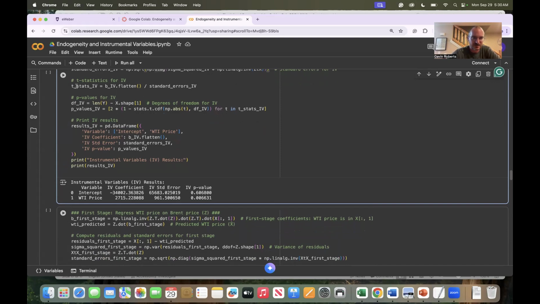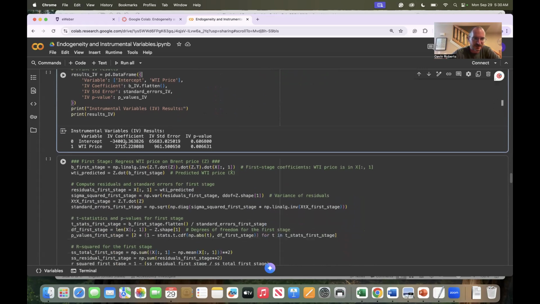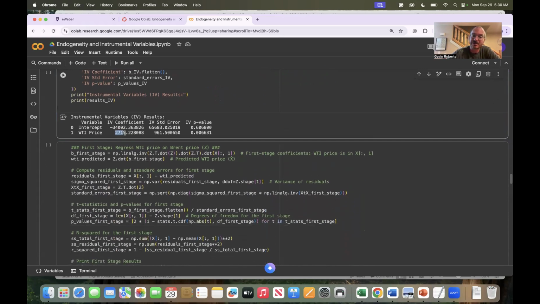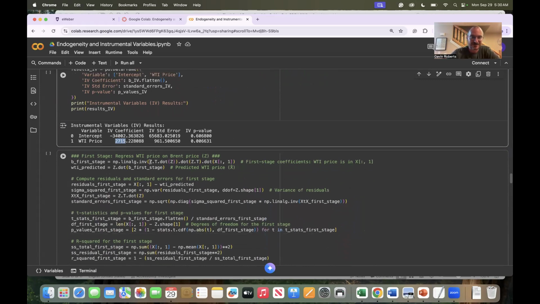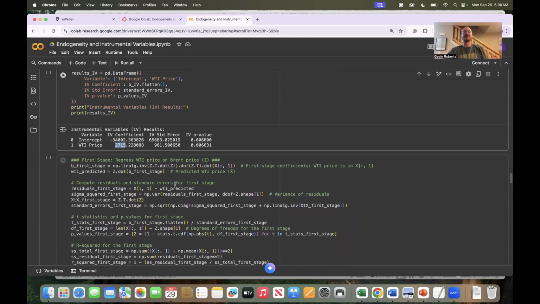So now we're just getting test statistics here, same stuff. Now let's look. Okay, now we have a much bigger coefficient, way bigger. So our effect is so much bigger that the intercept is negative now, which honestly makes sense. If the price is 0, I would negatively produce if I could. That's not a real choice.